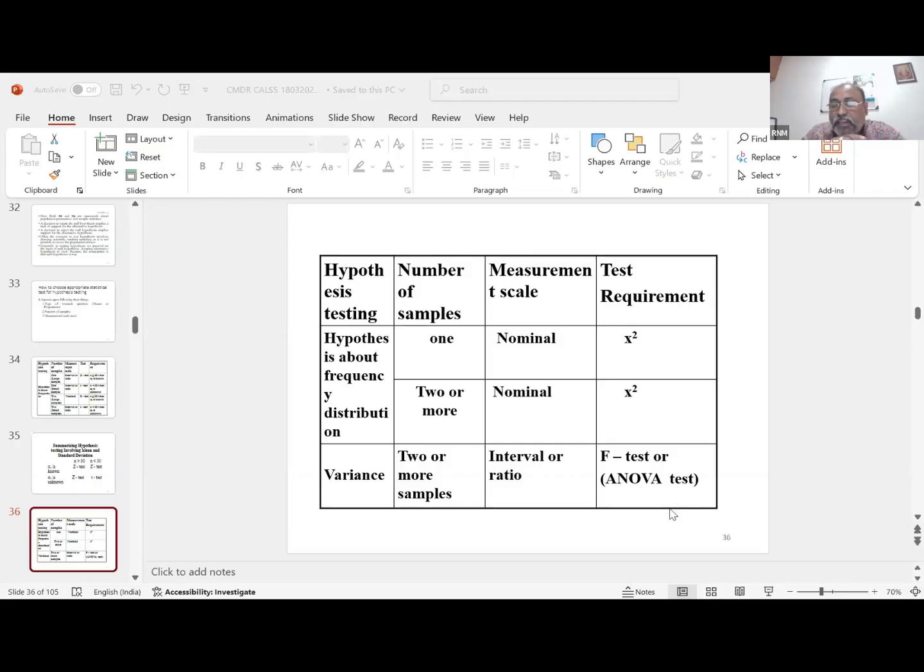So that's why I am telling this, because see, in this chi-square test, what is the chi-square test result you get? Tell me, can you do that chi-square test?